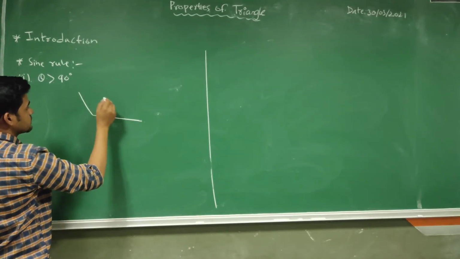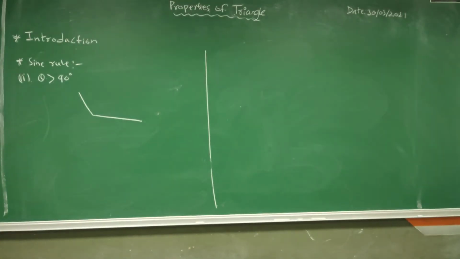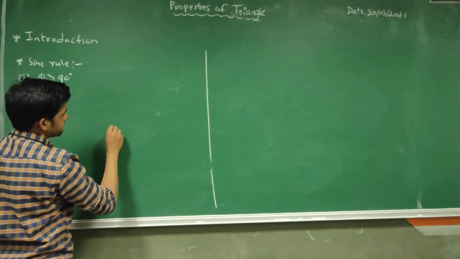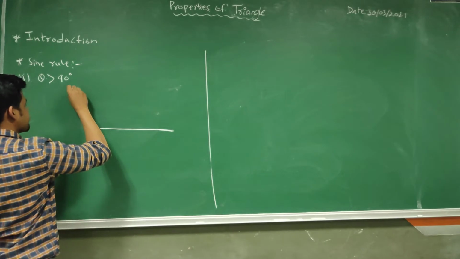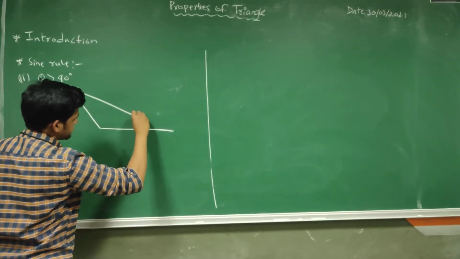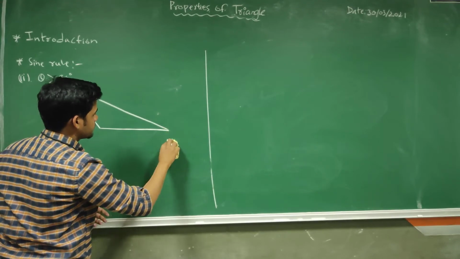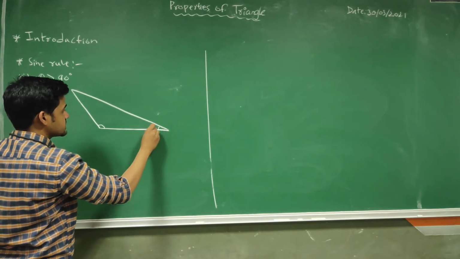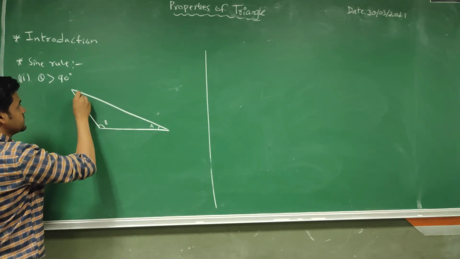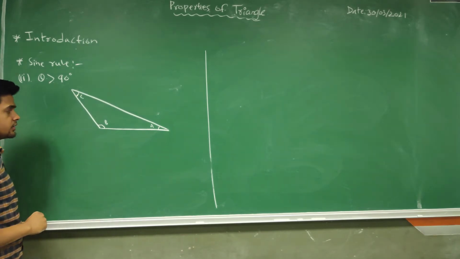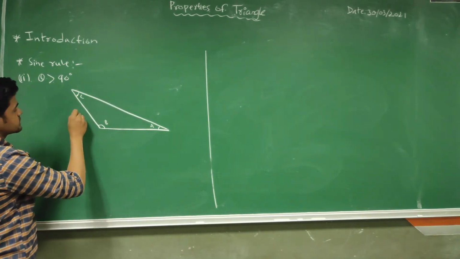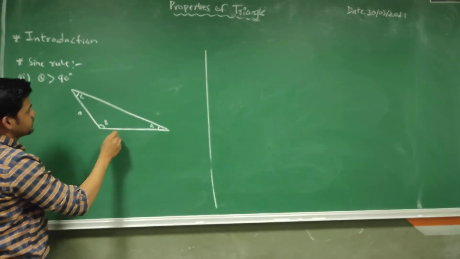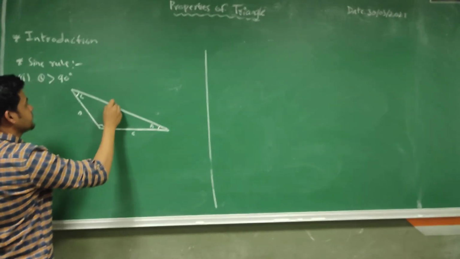I should make a bigger diagram. So this is an obtuse triangle, and if this is A and this is B and this is angle C, the side that is opposite to A will be a, and it will be c, and it will be the b side.